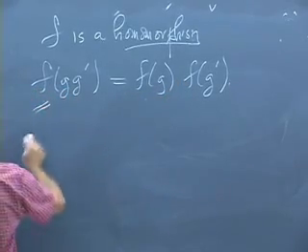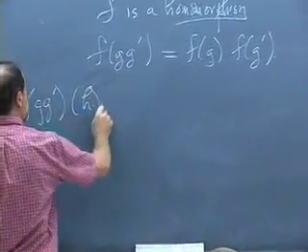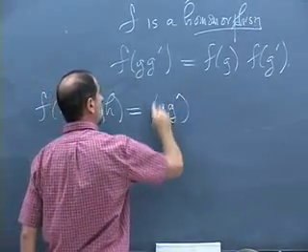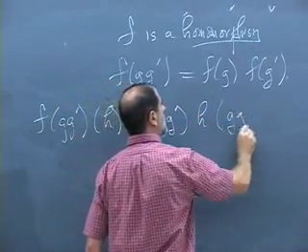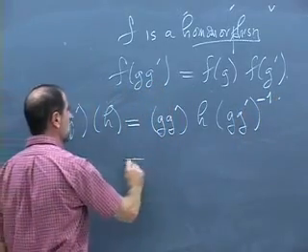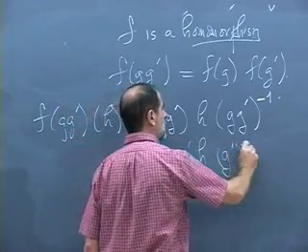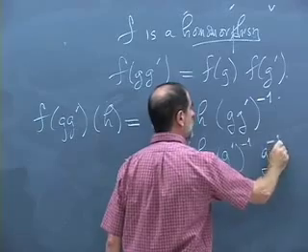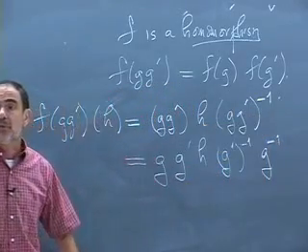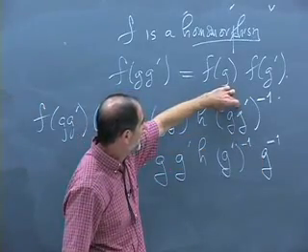By definition, F of gg' on an element h is conjugation by gg'. If I wrote it all brutally out, it would look like gg'h g'^-1 g^-1. You should get used to the fact that when you invert a product, you get the product of the inverses in the opposite order, because this element has the property that when you multiply it by this, you get the identity.